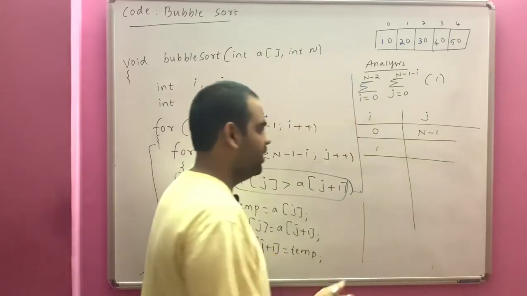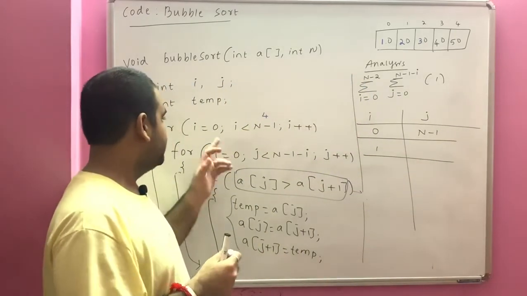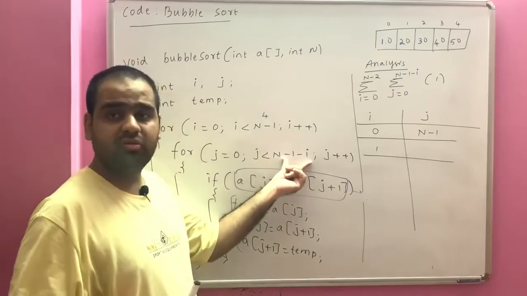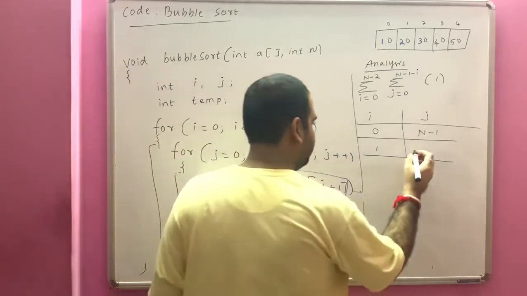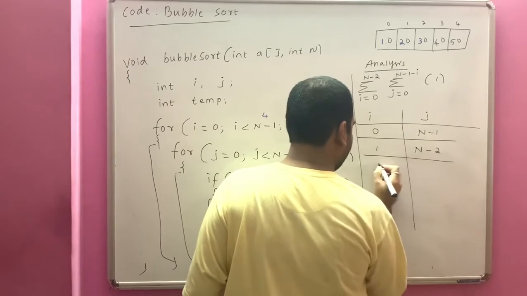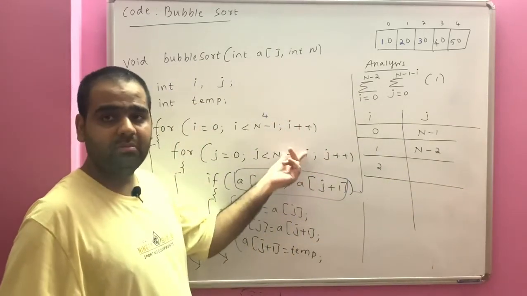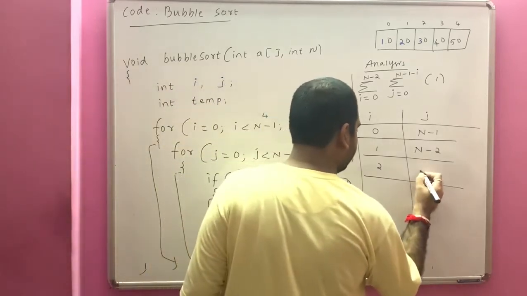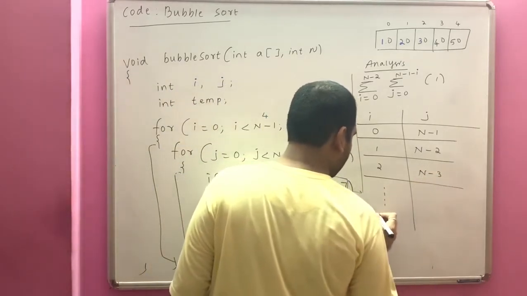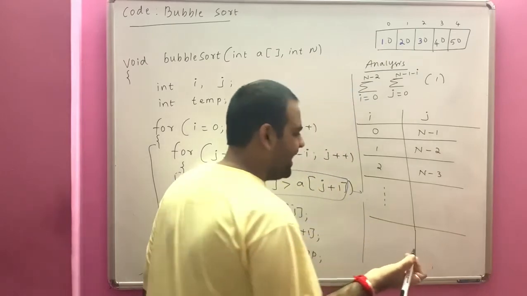If i is 1, how many times will j run? It starts from 1 and it is n minus 1 minus 1, so it is n minus 2 times. If i is 2, how many times will it run? I substitute 2 here: n minus 1 minus 2, so n minus 3 times, and so on up to the last value of i.